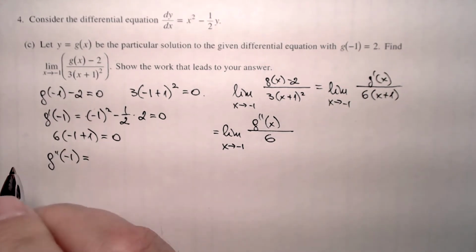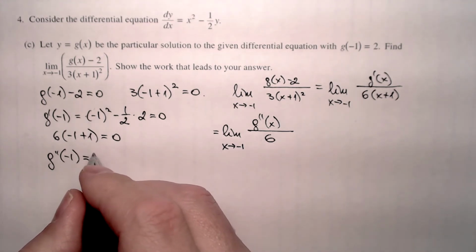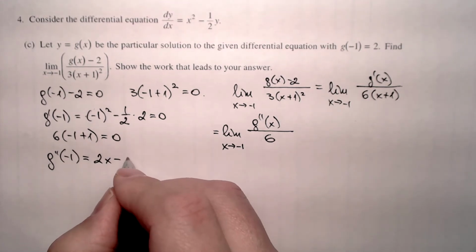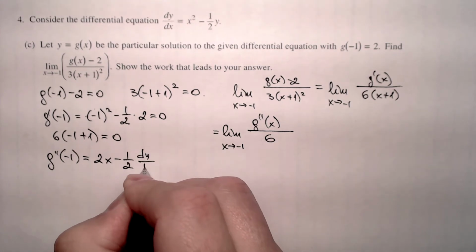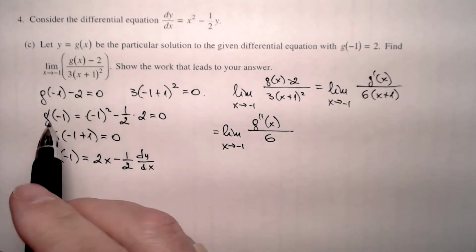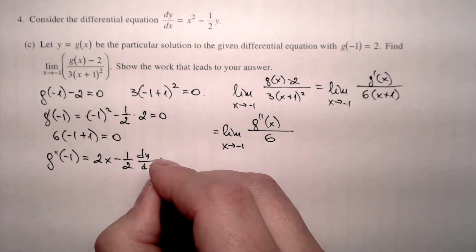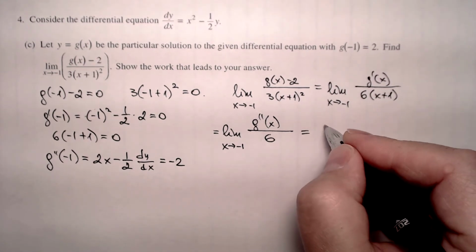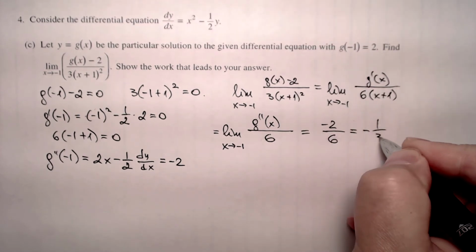And the formula that we showed in part 1 was 2x minus 1/2 dy over dx. So dy over dx, g prime at -1, is 0, and so we plug in -1 here, this is equal to -2. So our limit is equal to -2 over 6, or equal to -1/3.